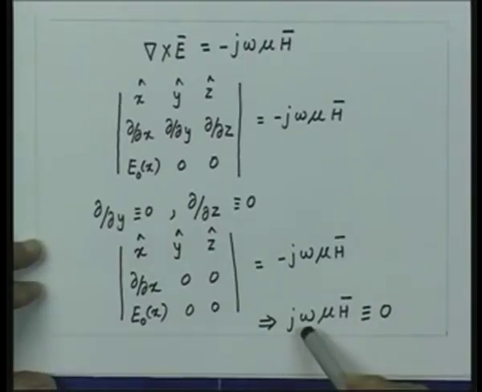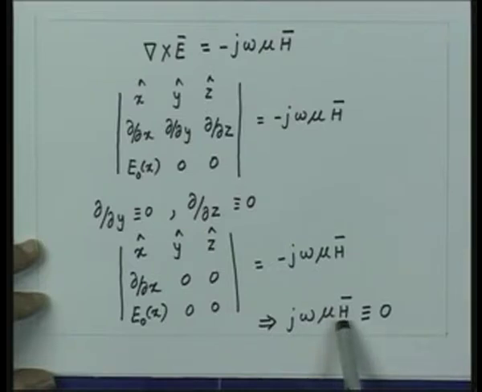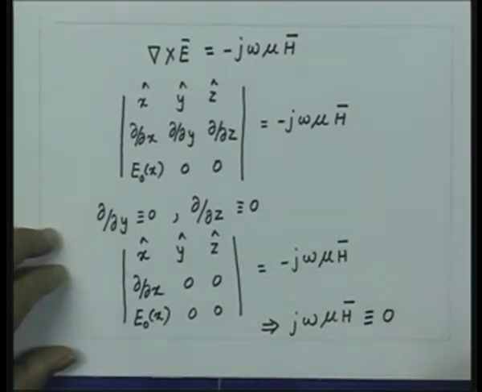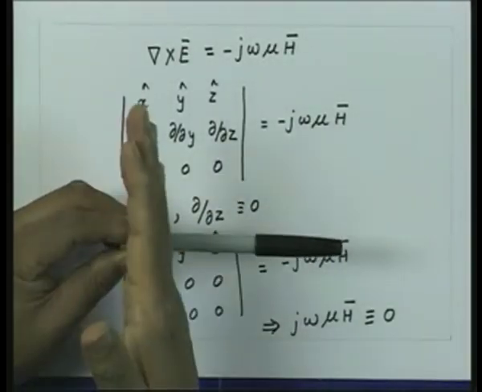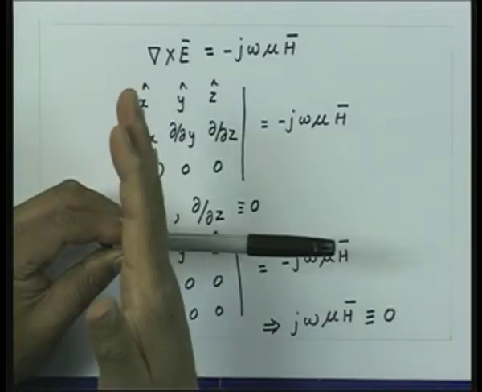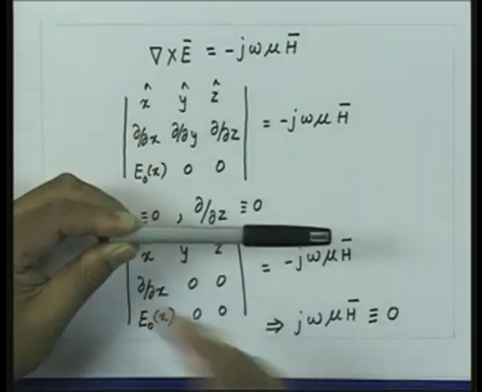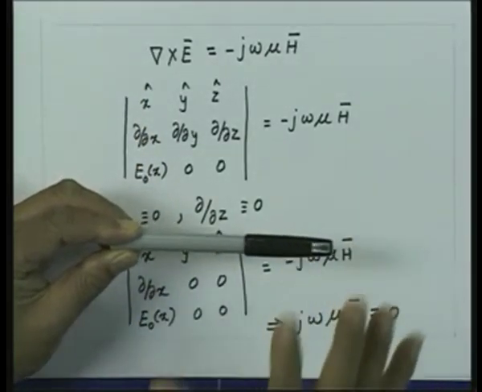Again, since we take time varying fields, the frequency is not 0, so omega is not equal to 0, mu is not equal to 0. So, essentially it means the magnetic field is equal to 0. So, for this electric field the magnetic field has to be identically 0.